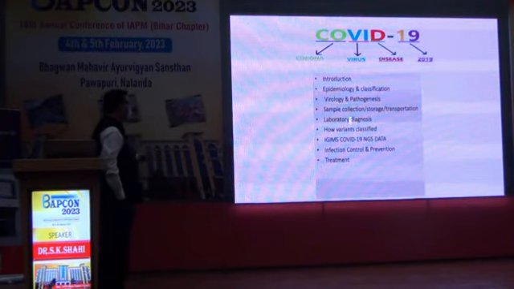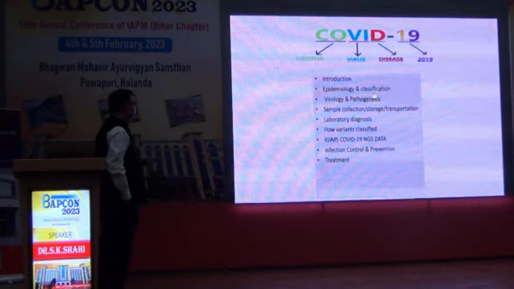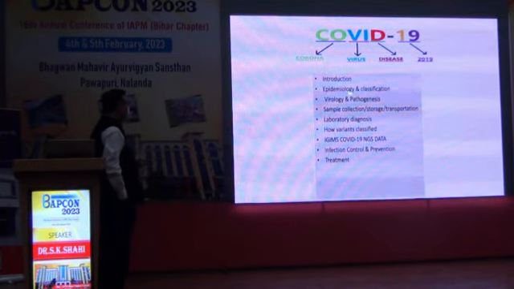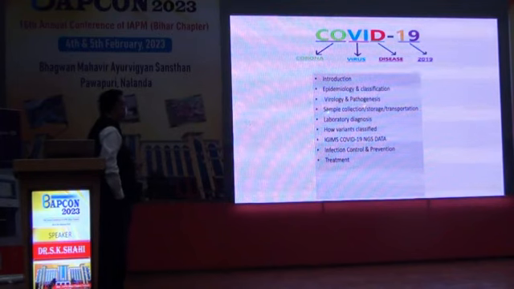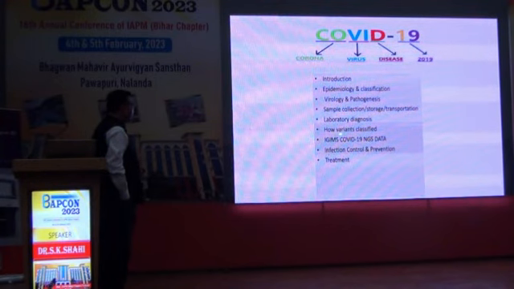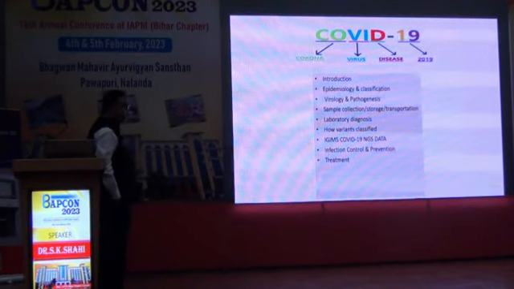I will cover very shortly, under different headings: the introduction, epidemiology, classification, virology, pathogenesis, sample collection, storage, transportation, lab diagnosis, and most important, how the variants are classified, and what we work on in Bihar.